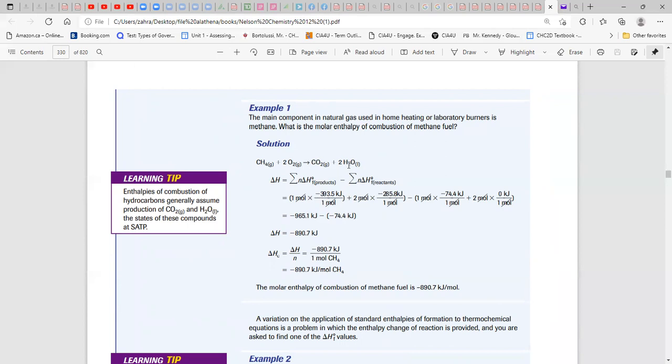The enthalpy of formation of H2O is negative 285.8. You have to multiply it by 2 because the coefficient here is 2, minus the enthalpy of formation of CH4, which is negative 74.4. You multiply by 1 because the coefficient here is 1. And the enthalpy of formation of O2 is that of a pure element, so it is 0. 2 multiplied by 0 would be 0. You do that, and that would be the enthalpy change of this reaction.